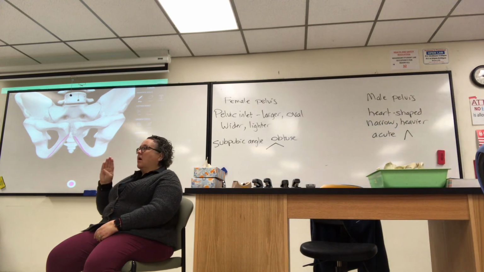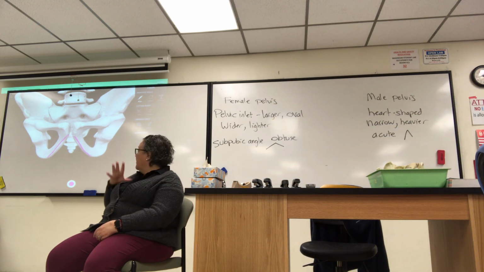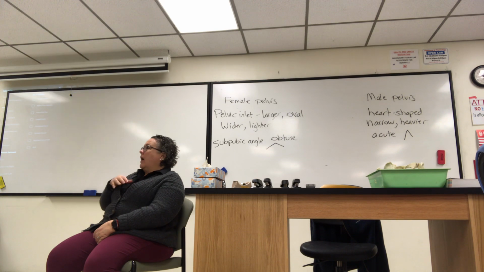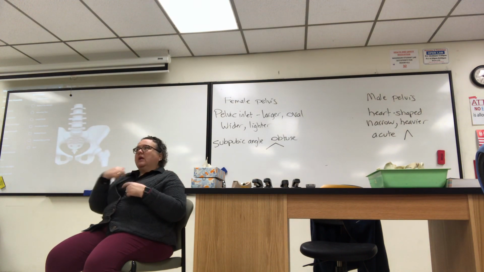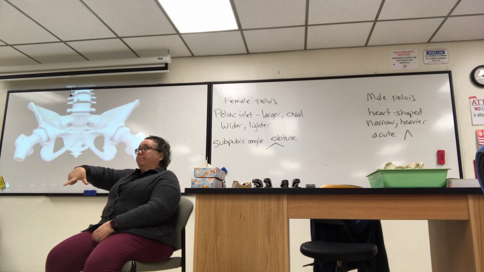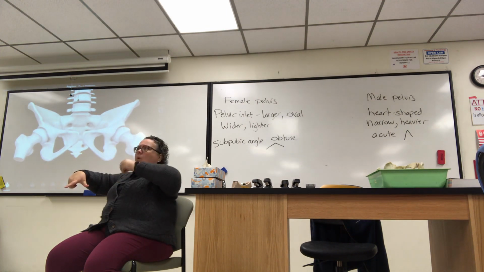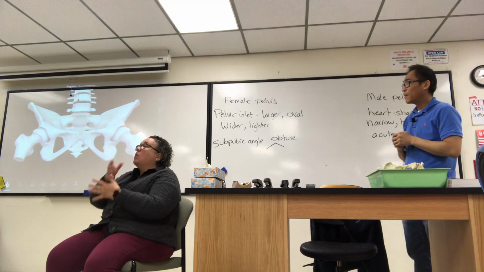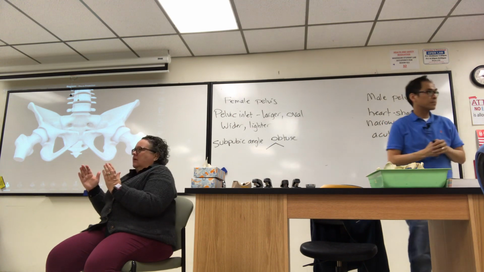Okay, let's look at the female one. It's much wider. Those are some of the basic clues to answer the question of which is a female pelvis and which is a male pelvis.